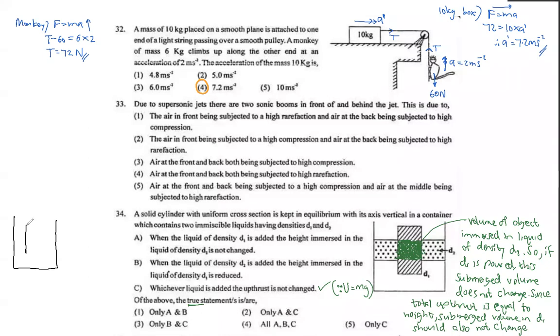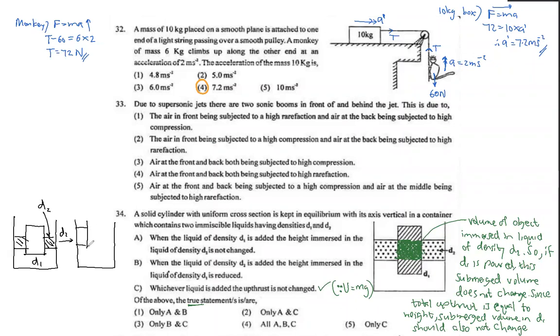When you pour D2, you are increasing the height of D2 because it will be floating on D1. So initially D1 is like this. This is D1. Oh no, sorry, D2. This is D1, and D2 is less dense than D1, obviously. And if you add more D2, what's going to happen? The height of D2 is going to increase.